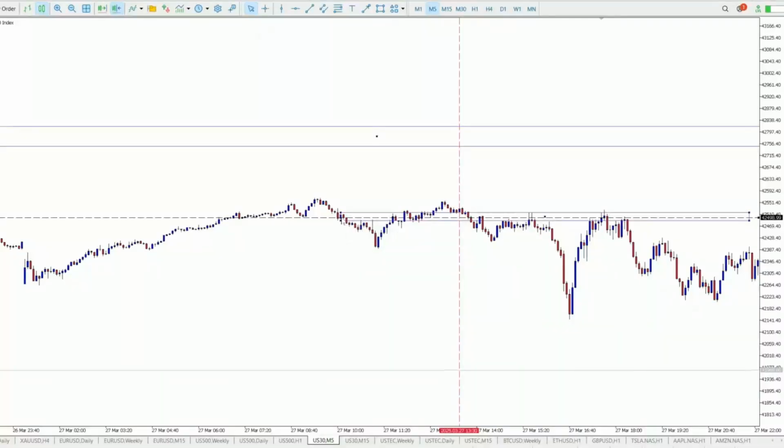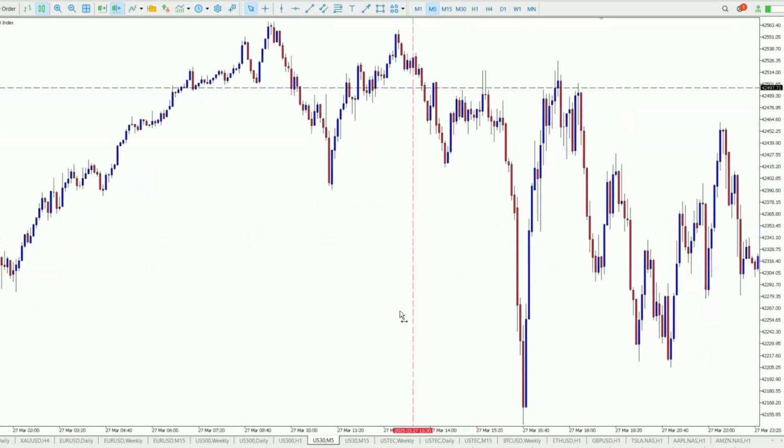Now sometimes what people will do is they'll take that as well, but we're working on a 5-minute chart. So on a 5-minute chart you have to check if you have a gap or not, and there's a bit of a gap right there. Let's make this a little bigger so you can see.